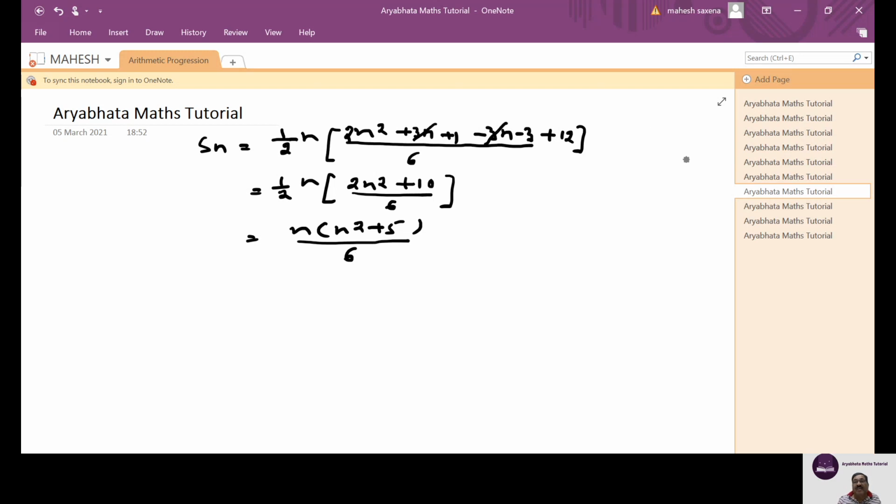Now, since in the series there were 50 terms, therefore n is equal to 50.